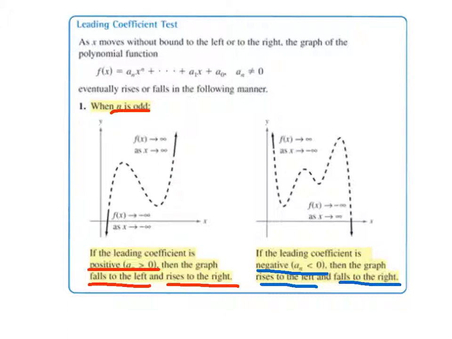So what we want to look at is how you need to describe the end behaviors of your graph, because we did this back in Algebra 2, where you look at the right side of each graph and then write the right side of the graph like this.